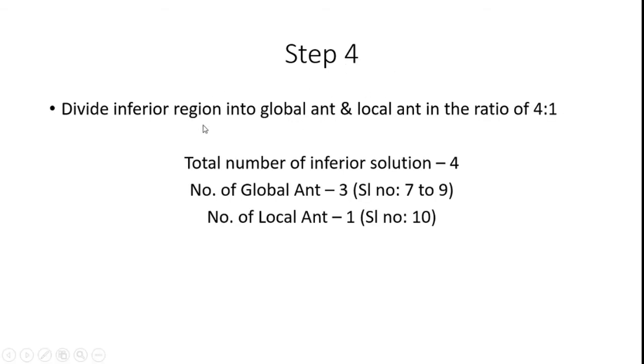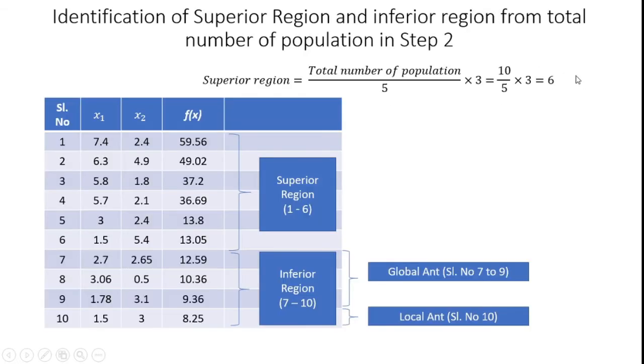According to the inferior region, I divide further, as more division is needed for solving the problem. So I divided the inferior region into global ant and local ant in the ratio of 4 is to 1. 4 is to 1 means here I got 4 populations in the inferior region, and I divide this into 4 is to 1.